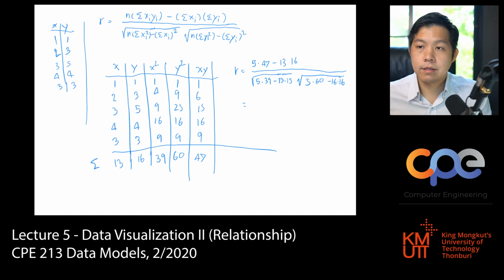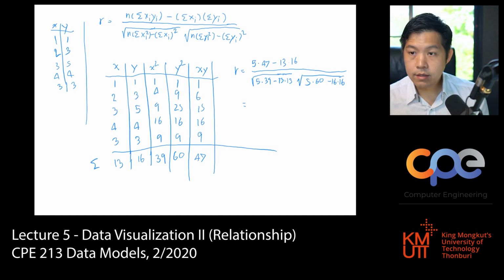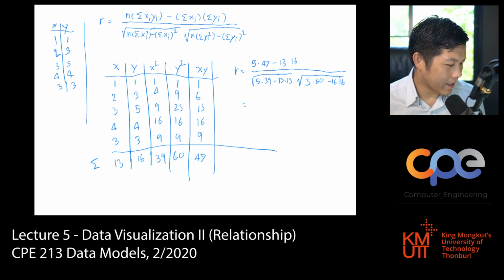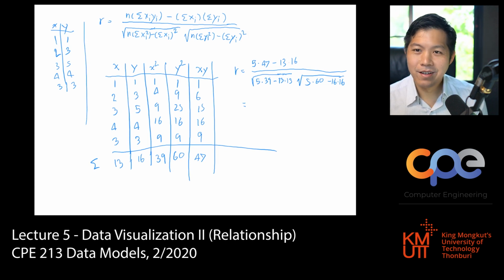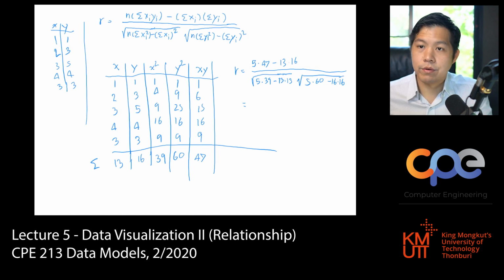It's the same as using a calculator. Okay, did I make a mistake anywhere? 5 times 47. Oh, square root, right? SQRT. I forgot to use the square root in R.